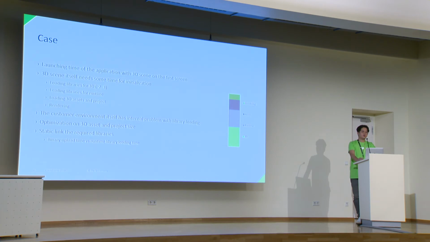So loading a bigger binary is much faster than loading the shared library at runtime. So we convinced the customer to use static linking and not load the library at runtime.